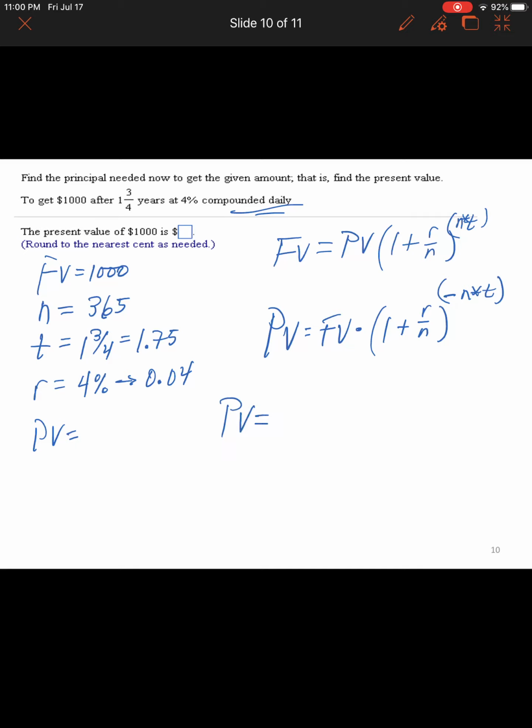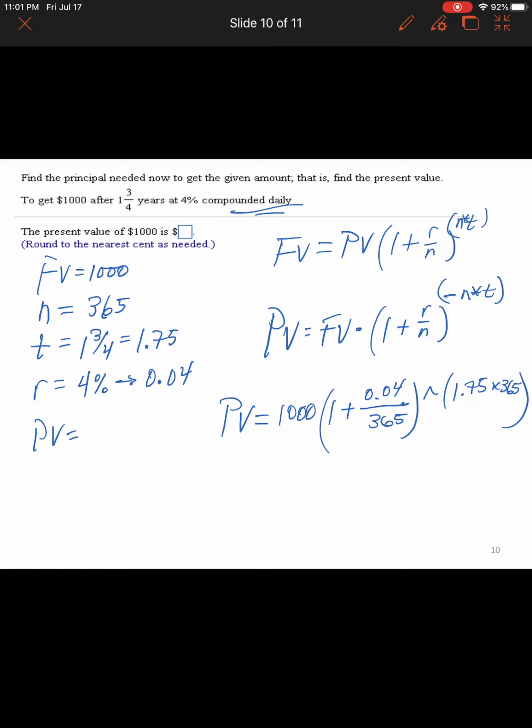So we have present value equals 1,000 times 1 plus 0.04 divided by 365, and some of you can actually put that in your calculator as a fraction like that, so I'll write it like that this time around, raised to the 1.75 times 365.